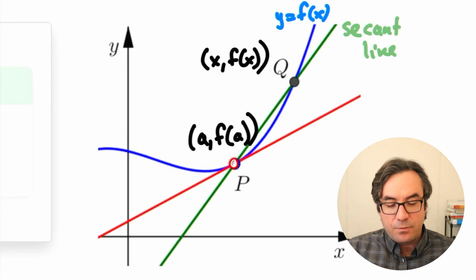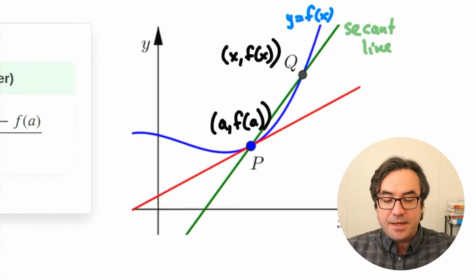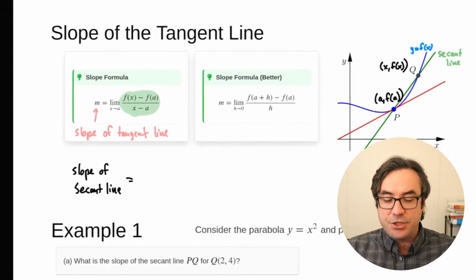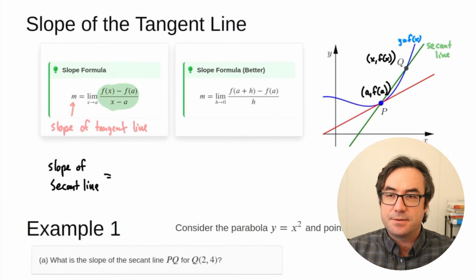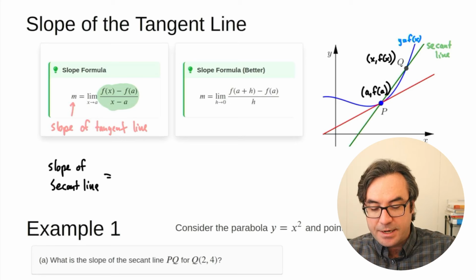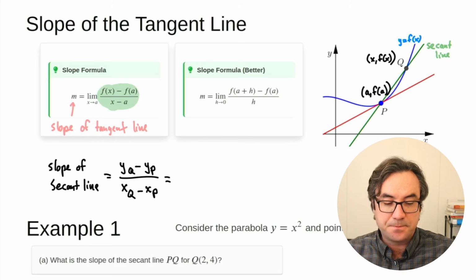All right, so now we have 2 points, and we have a line connecting those 2 points. The way we get the slope for that secant line is we go back to that original slope formula that we had, and we do change in y over change in x. So we're going to take our y coordinate for point Q, subtract off the y coordinate for point P, and then do the same thing for the x coordinates.